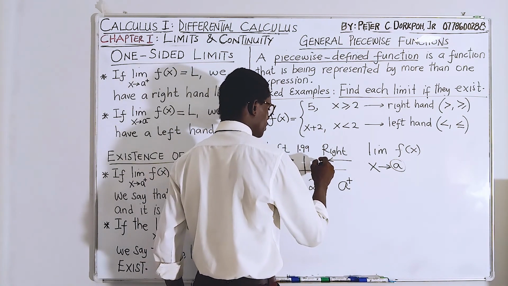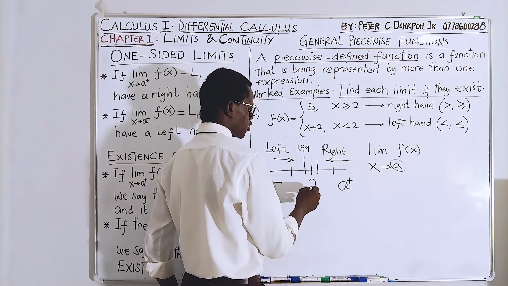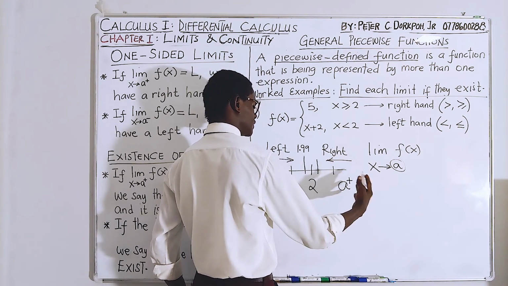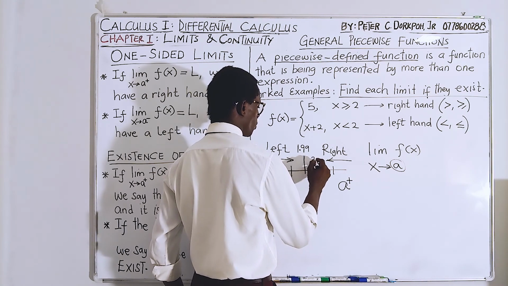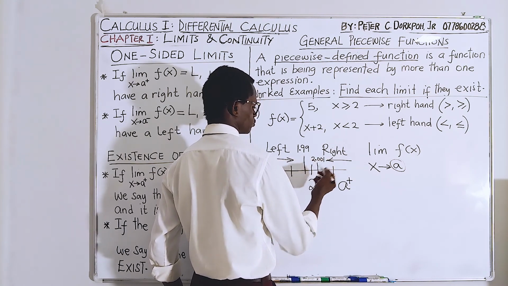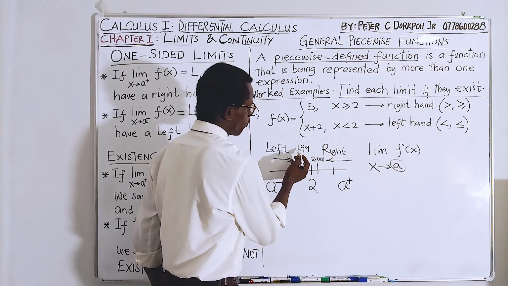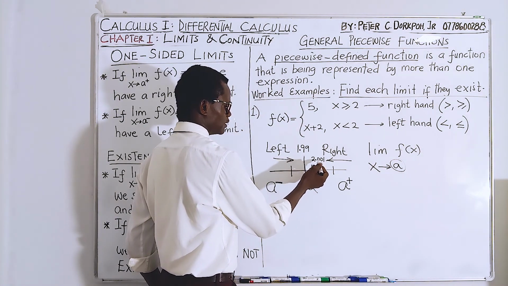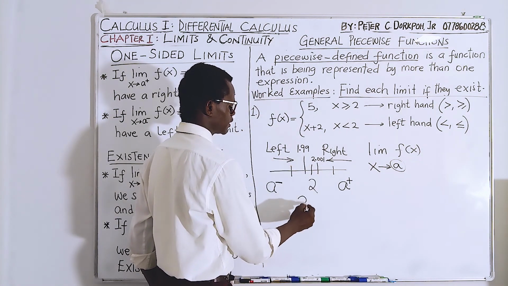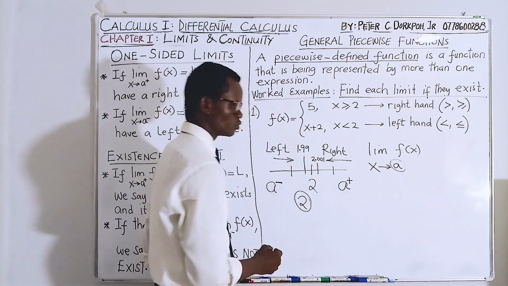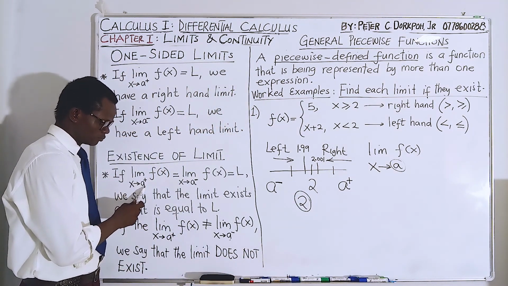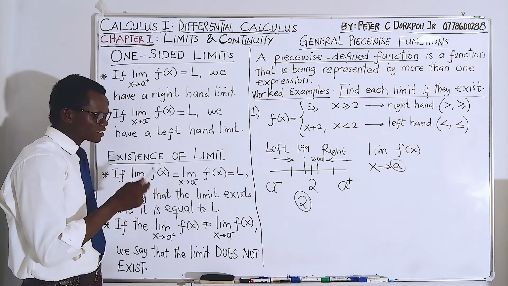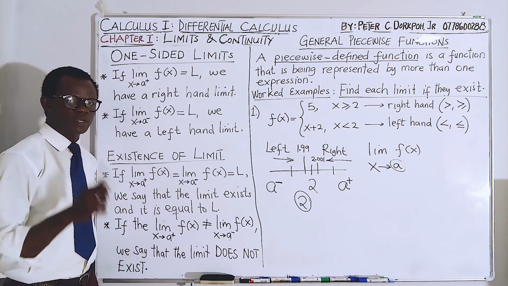If it is approaching 2 from the right, it could be 2.001. Both are approximately 2, so the limits from the right and the left must be the same for a limit to exist.